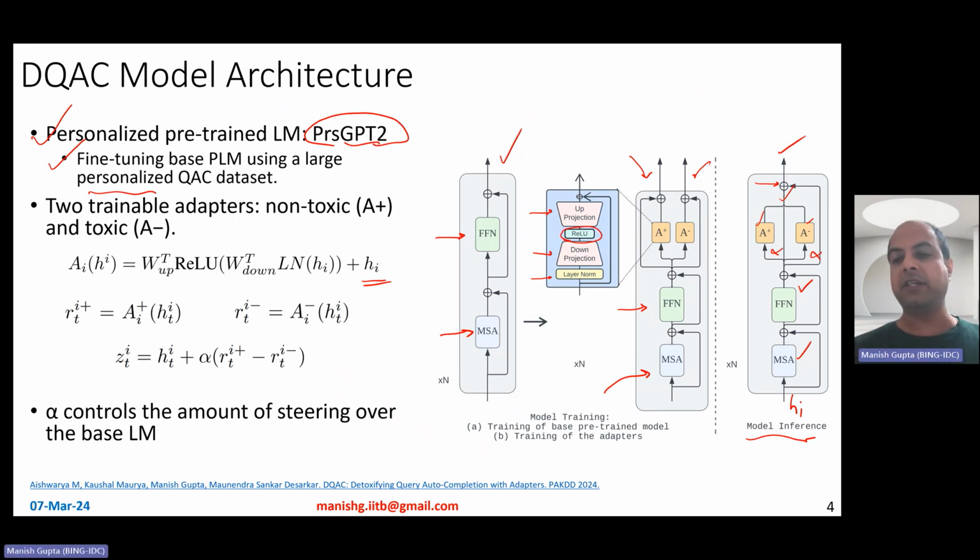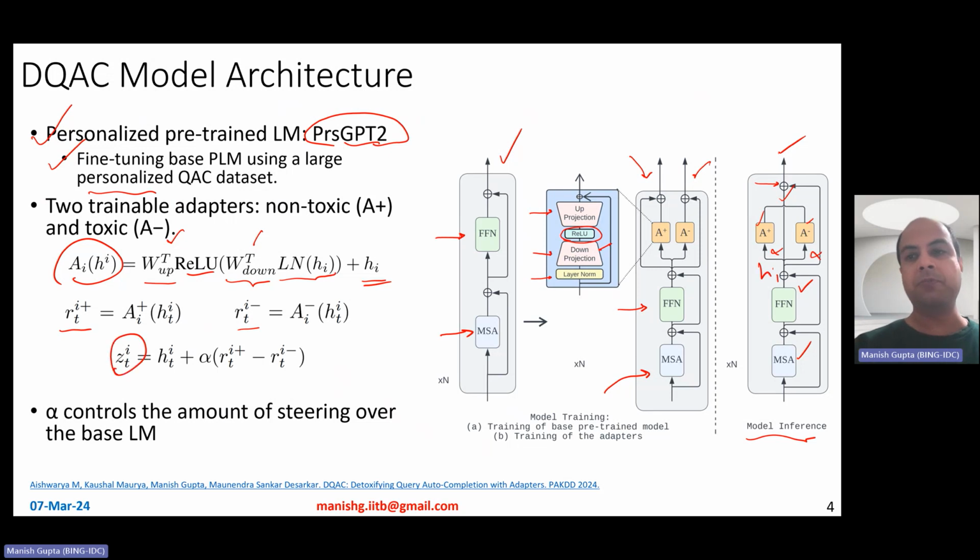Sorry, the H_i is right here. So after you have done all the feed forward and the multi-head self-attention and so on, you take the H_i, do layer normalization, apply a down projection layer, do a ReLU, then an up projection that gives you the adapter output. Now, depending on the parameters that you use, you can get the adapter output from the positive adapter and negative adapter.